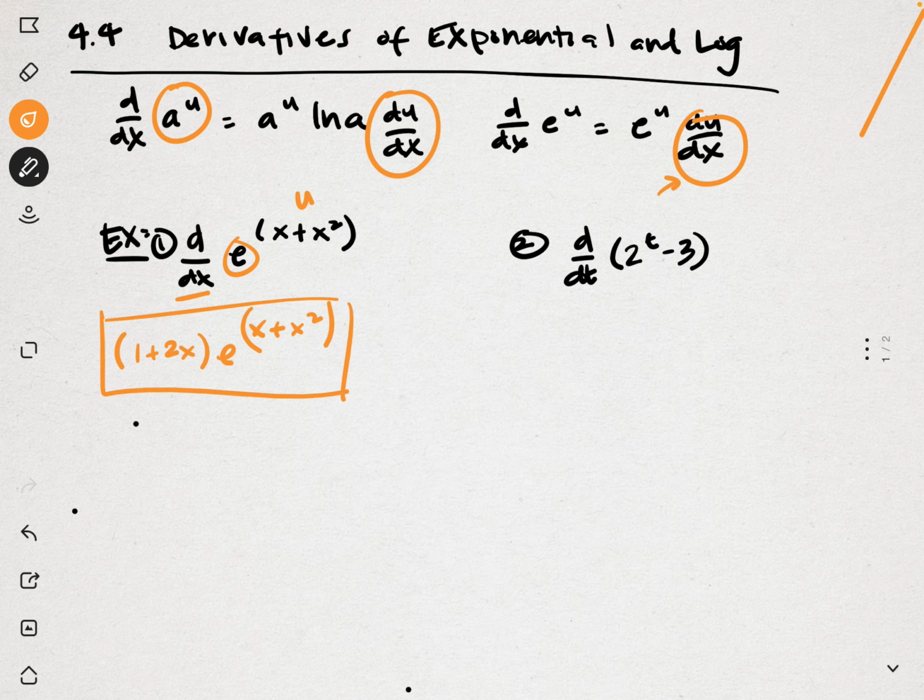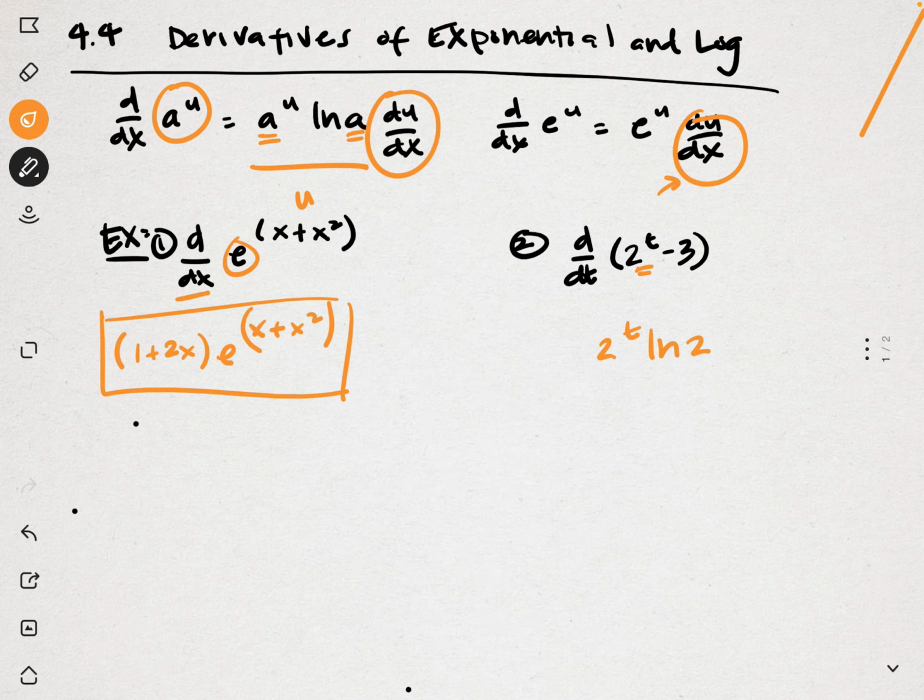So for the second one, we have the derivative with respect to time of 2 to the t minus 3. So we're going to be using this one. We're going to have 2 to the t times ln of 2, because we have our a, and the a represents the base.